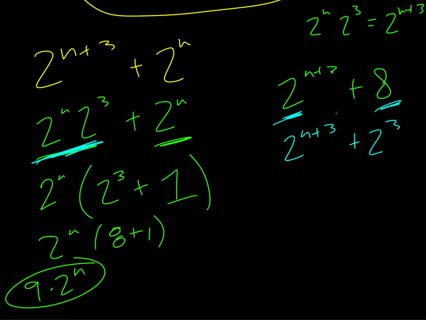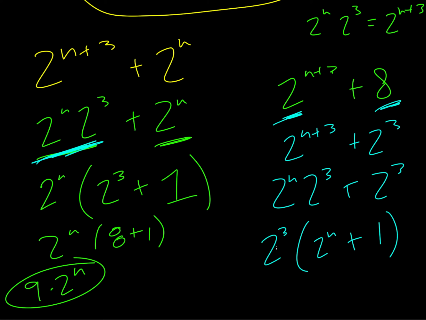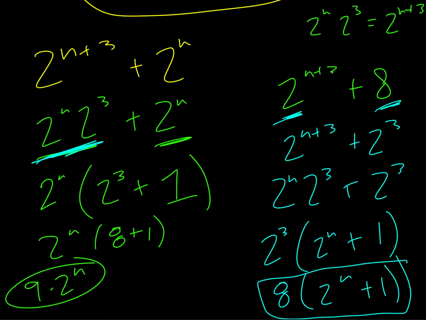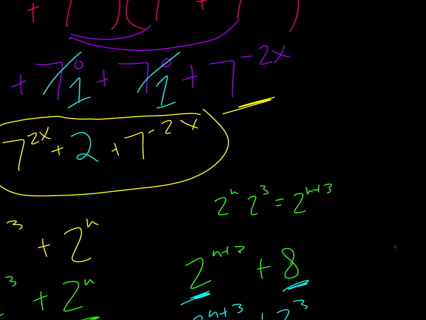So 2 to the n times 2 to the 3, plus 2 to the 3. So they both have 2 to the 3 in common. That leaves 2 to the n plus 1. And then 2 to the 3 is really 8. And so we can end like that. And this would be the answer on that one.